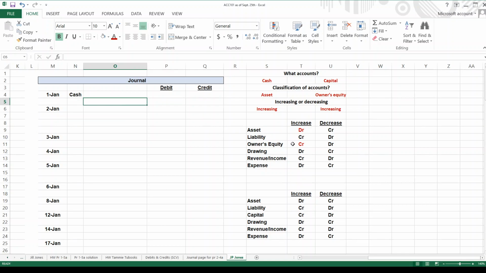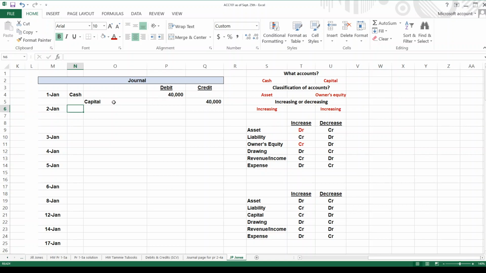How do I do that? The credit. Credit capital, and there's our first transaction. I call these daily recurring journal entries, typically a bookkeeping type activity.